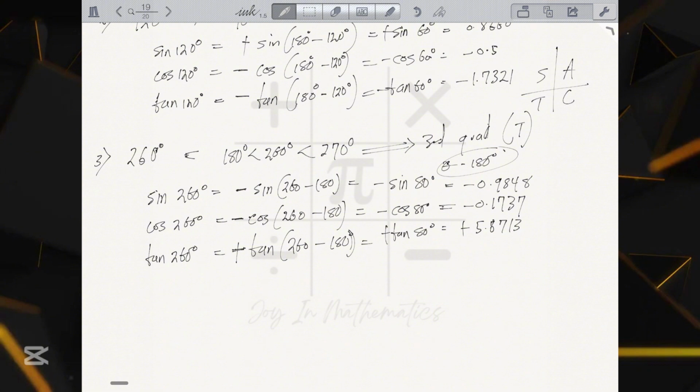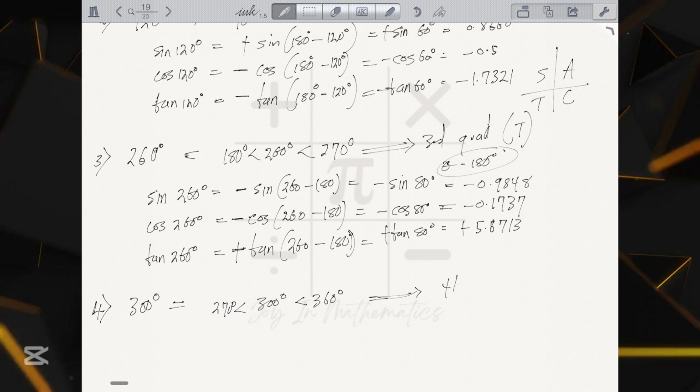Now let us finalize with the fourth quadrant. Let's use 300 degrees. We can see this is the fourth quadrant because 300 degrees is greater than 270 degrees and less than 360 degrees.